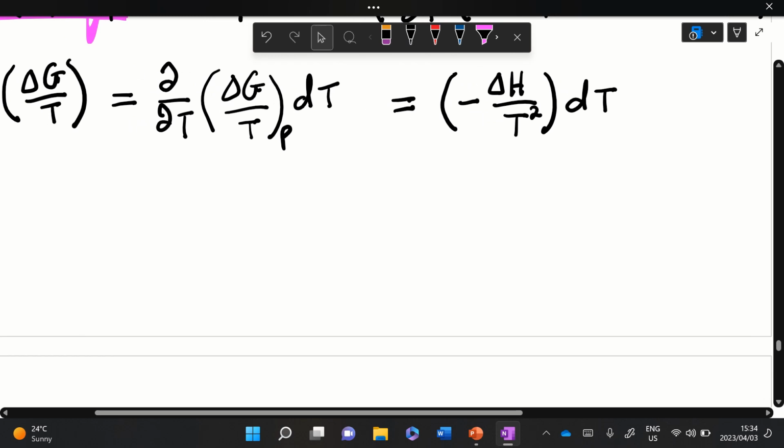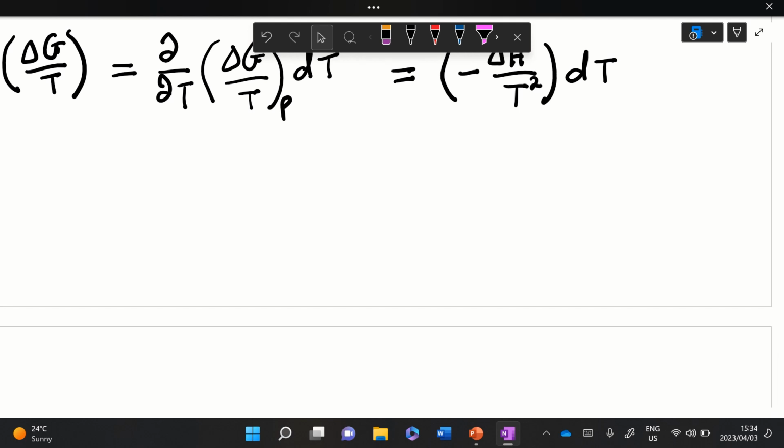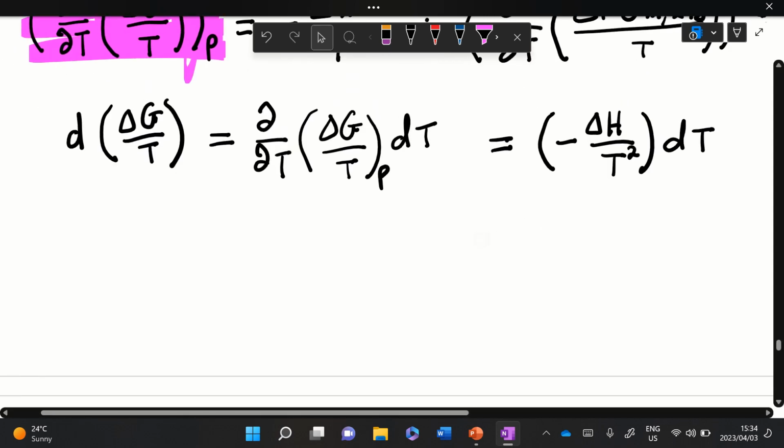All right. So from this point, we must then integrate. If we integrate this thing, what does that become?